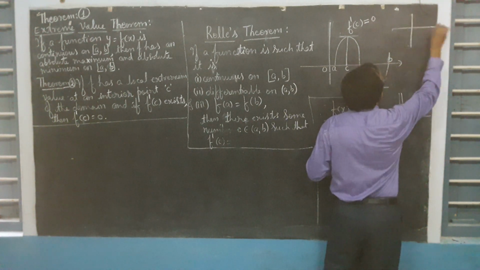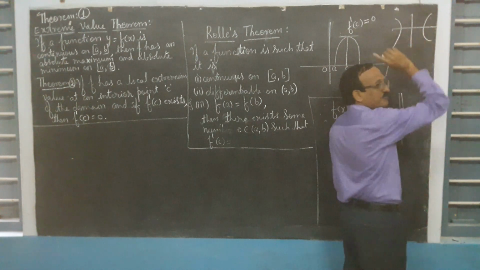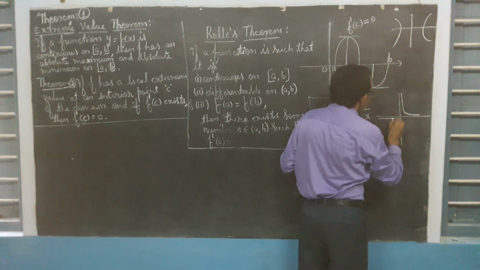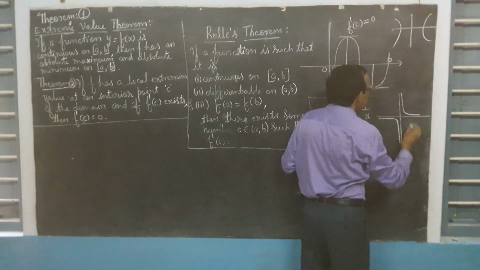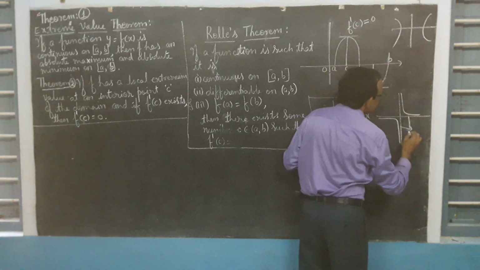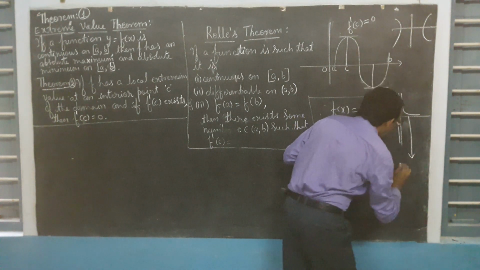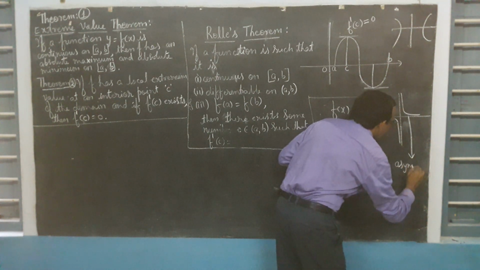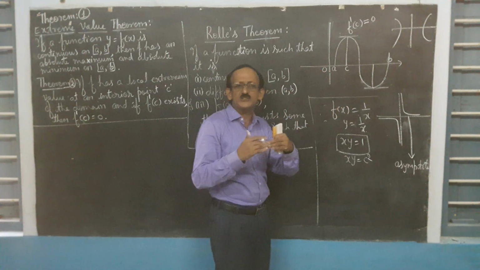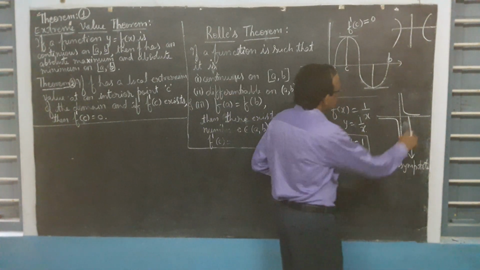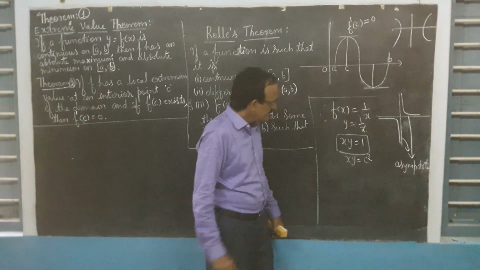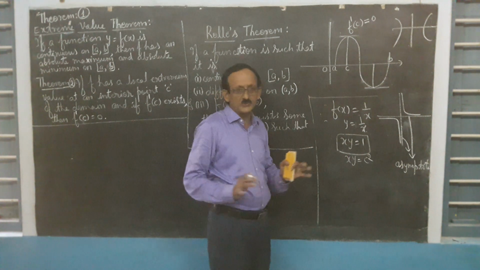Hyperbola has got two parts, the right branch, left branch. For a rectangular hyperbola, you are having the asymptotes. X-axis and y-axis are called asymptotes. Asymptote is a tangent to the curve at infinity. So x-axis is the asymptote, y-axis is also the asymptote.